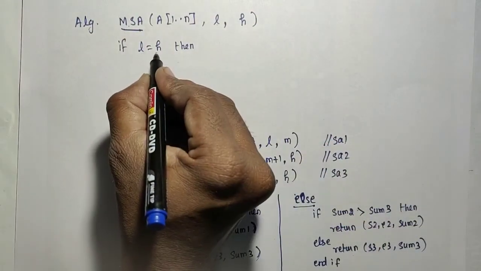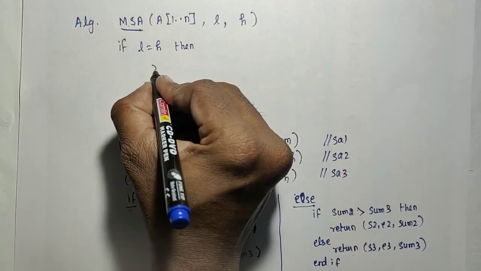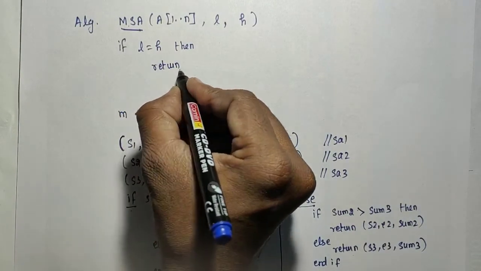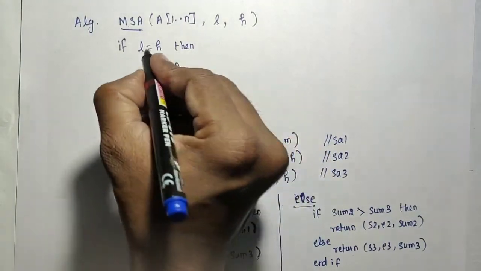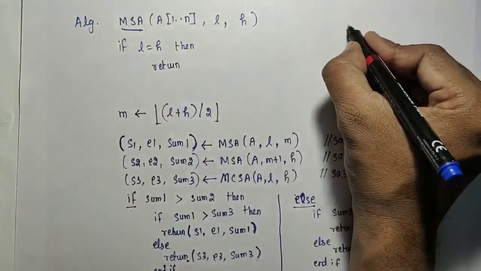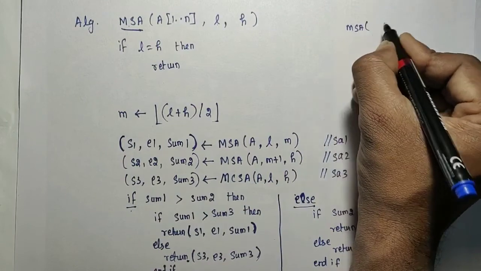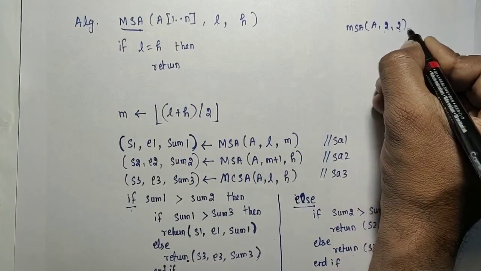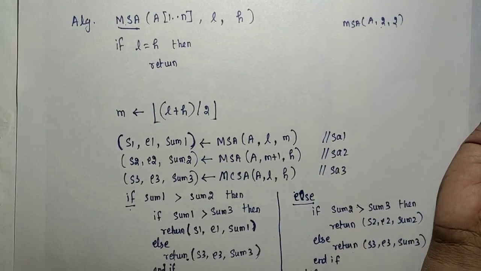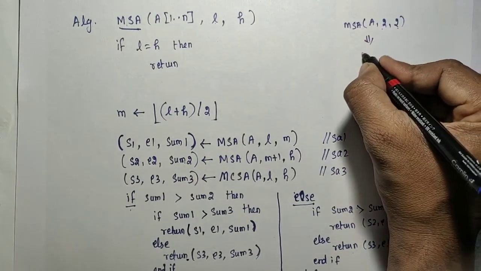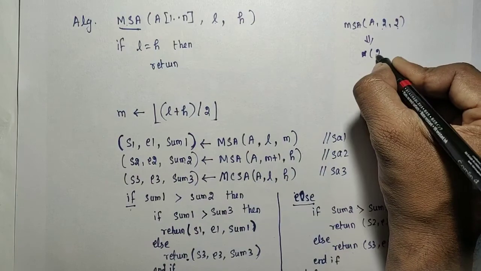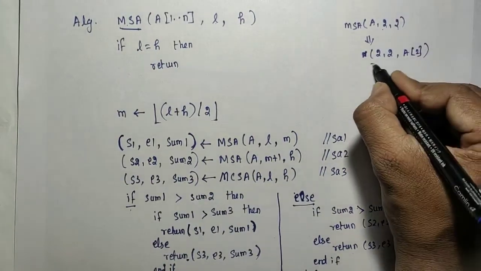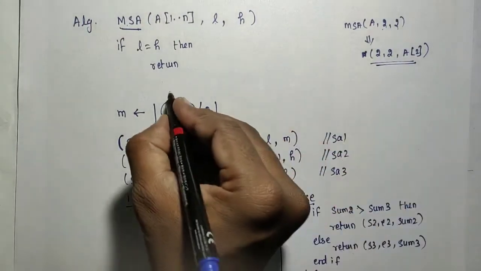In that case, I can exit the algorithm with a return value as the maximum subarray for L to H. For example, if you are calling MSA of A, 2, 2, it means 2 to 2, what is the maximum subarray? So what will be the output here? 2, 2, and A of 2. That is the maximum subarray. Correct? That has to be returned here.